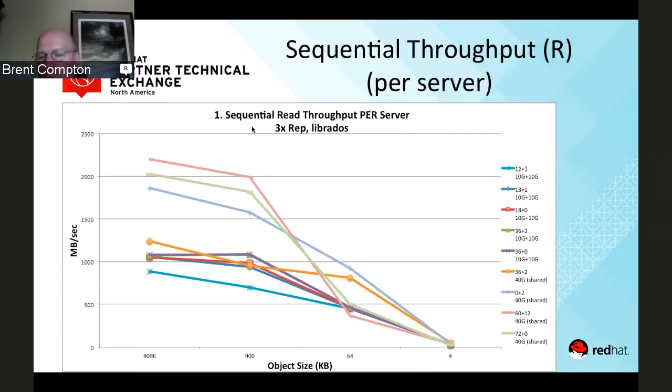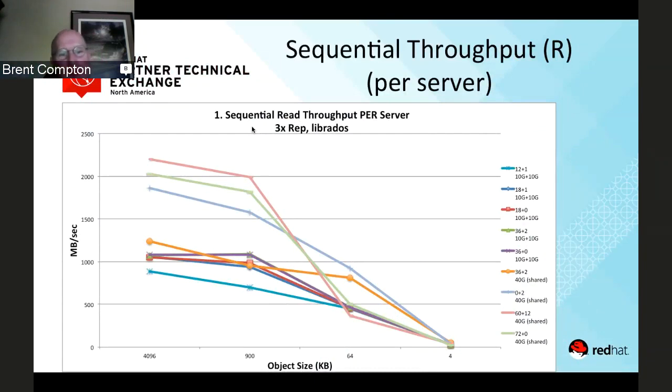We've since modified the nomenclature to make more sense, but it's 2 NVMe flash devices running OSDs, also with co-located journals. So it's 2 OSDs. That's the light blue one, the 0 plus 2. That's how you understand that. Everything else follows the standard.